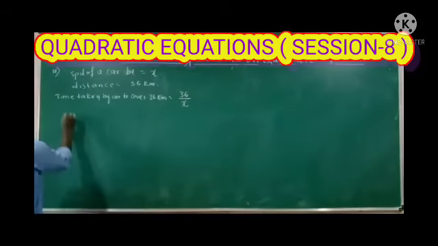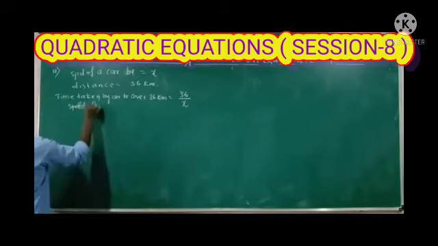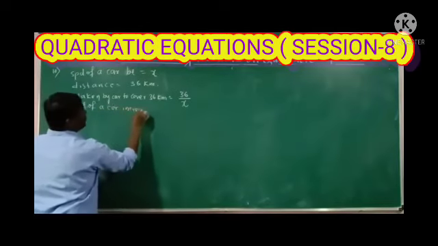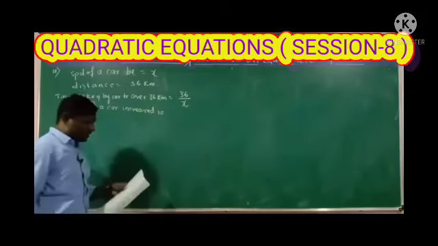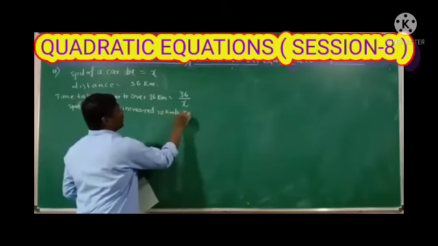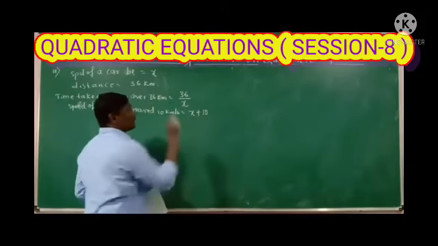Right? If the speed of a car is increased by 10 kilometer per hour, it means the speed of the car is x plus 10.